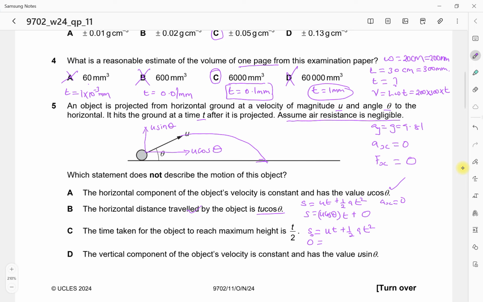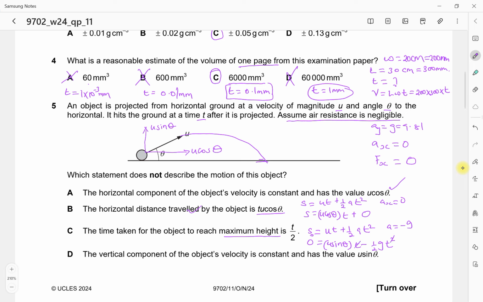Because we are considering vertical motion, the initial velocity in the vertical is u sine theta, then multiply this by t. Because it went against gravity, acceleration a is going to be negative g, so this will be minus a half times g, then t squared.